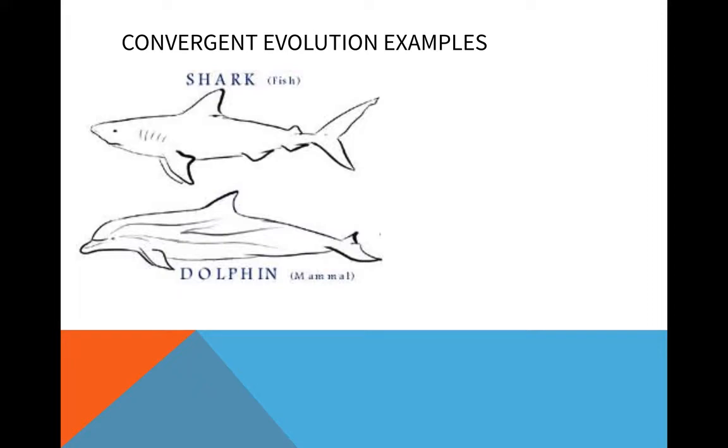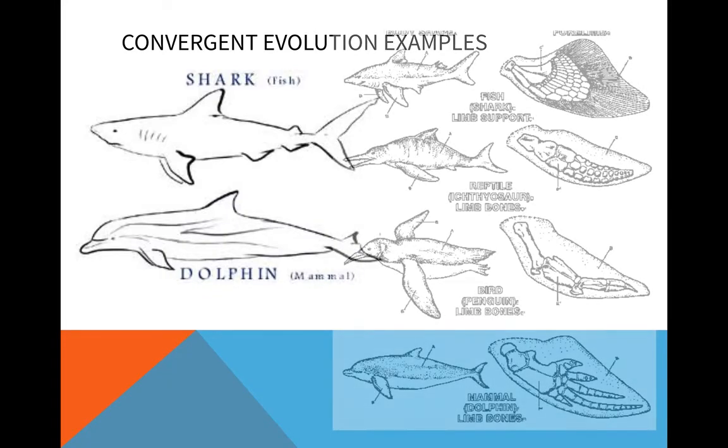When we look at a shark and we look at a dolphin, understand one is a fish, the shark, and another is a mammal. But many of the structures on these two very different species, being very distantly related, are very similar. The top fin is very similar, their bottom fins are very similar, their overall body shape is very similar.